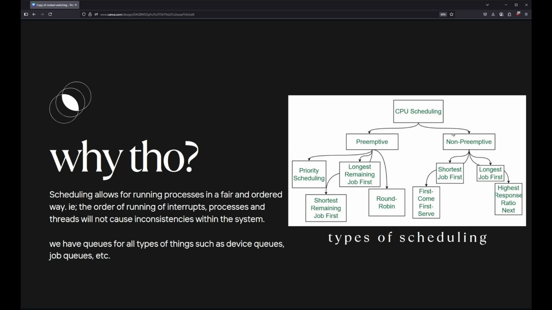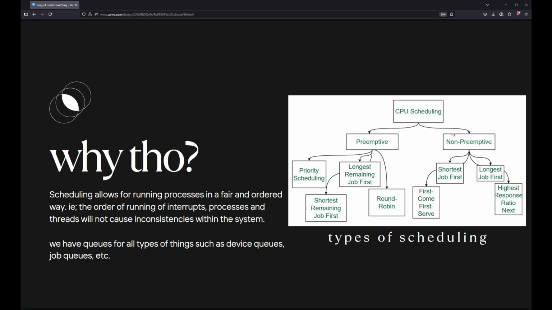Preemptive being where we can relinquish the process control at any time, which is good for when we want to run a process and then that process goes into an I/O, input-output operation, and then we wait that process. When we preempt that process and put another process onto the CPU, we increase the CPU utilization time. So it's really good for things like that.